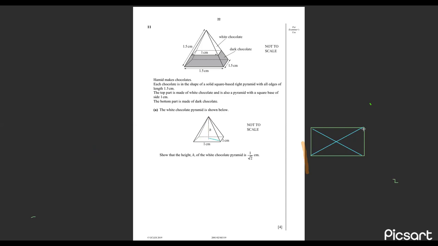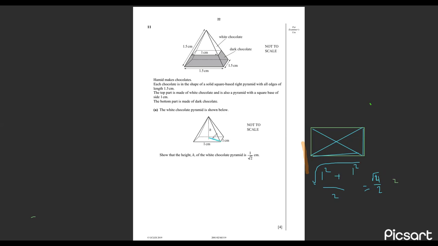So the diagonal will be equal to the root of side squared plus side squared, and then we take half of it. So it is equal to the root of 1 squared plus 1 squared, divided by 2, which is equal to root 2 over 2.